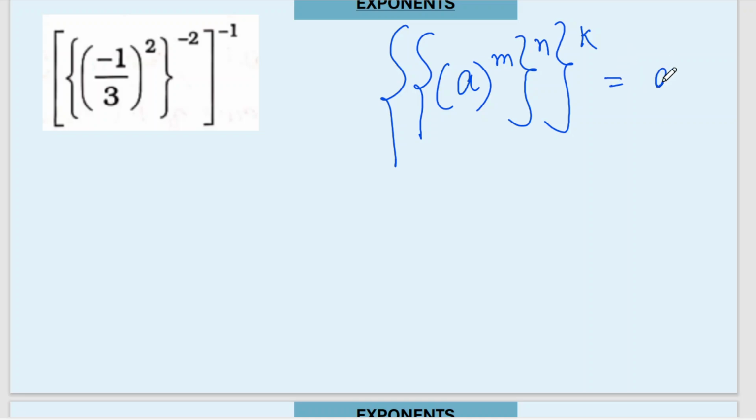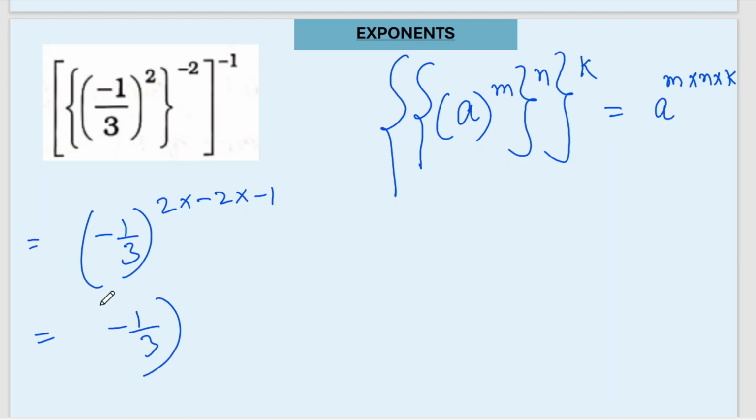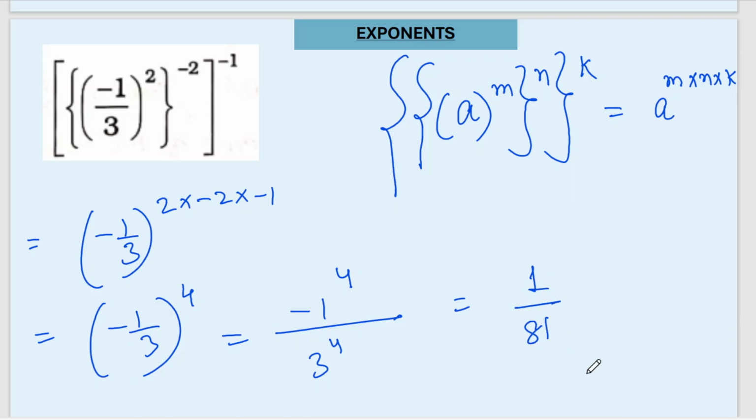So I can write this as a to the power m into n into k. Similar concept I am applying here. Minus 1 by 3, this is our a, to the power 2 into minus 2 into minus 1. So it is minus 1 by 3 to the power minus 4 into minus 1, that is 4. So we get the final answer, minus 1 to the power 4 divided by 3 to the power 4. It is 1 by 81.